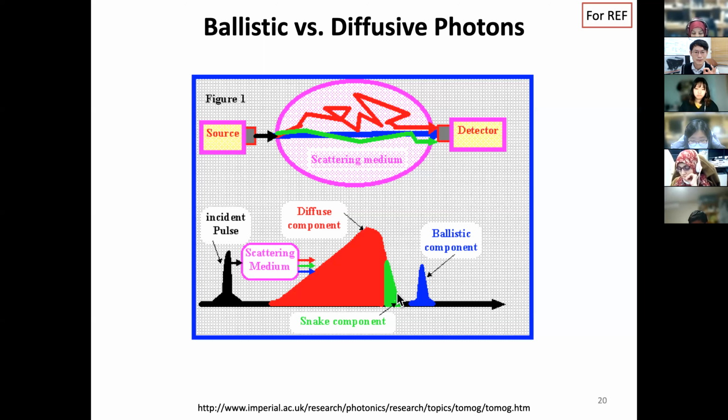That's a smaller number of photons, with fewer scattering events. In fact, OCT uses these ballistic and semi-ballistic photons. The diffuse component also arrives, and this one is not for OCT, not for microscopy in general. Microscopy, like OCT, confocal, two-photon, and wide field, all use only ballistic components because the diffuse component ruins your resolution.